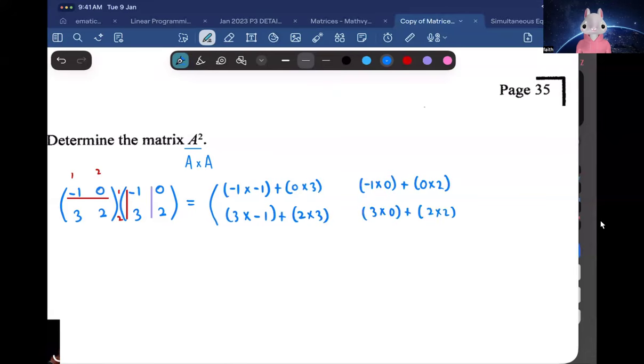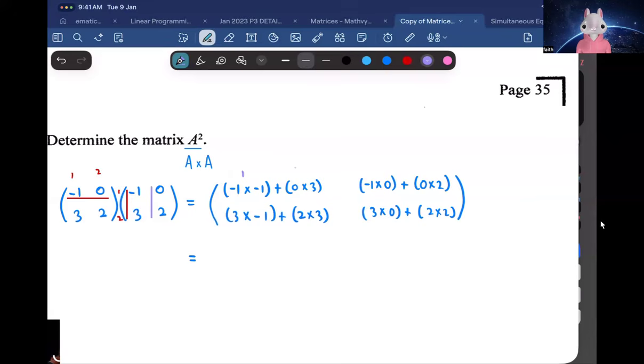So look here. All right. So -1 by -1 is what? -1 by -1 is 1.